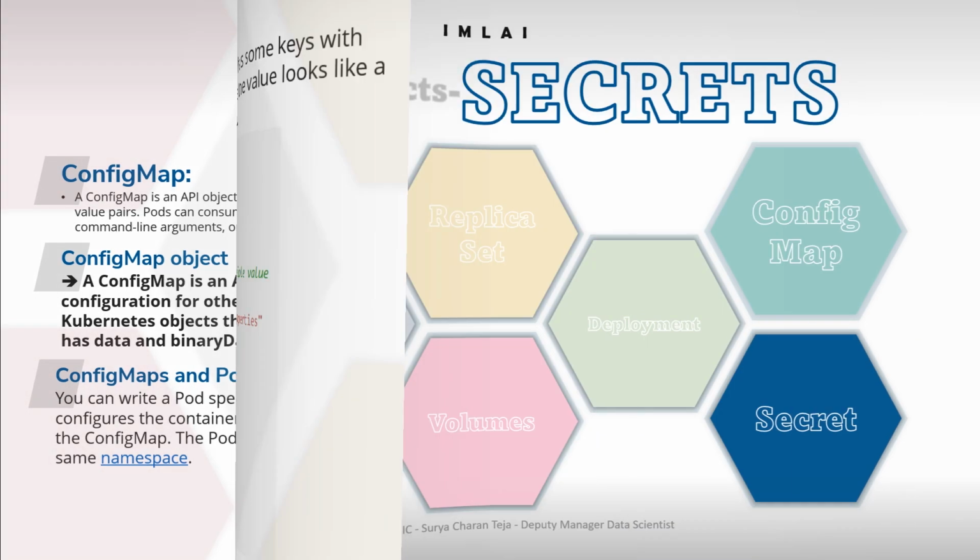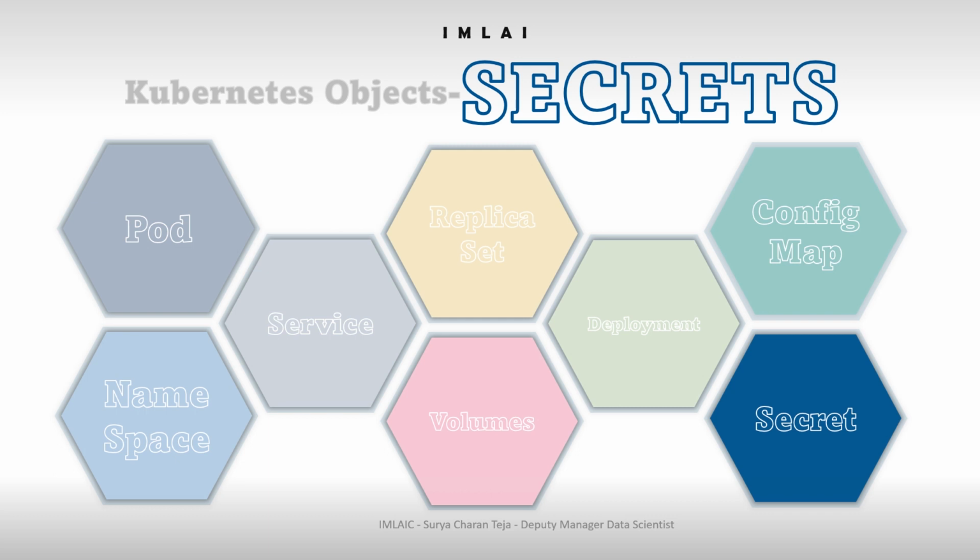In the previous lecture, we have seen a config map, and that config map stores variables or files in clear text.